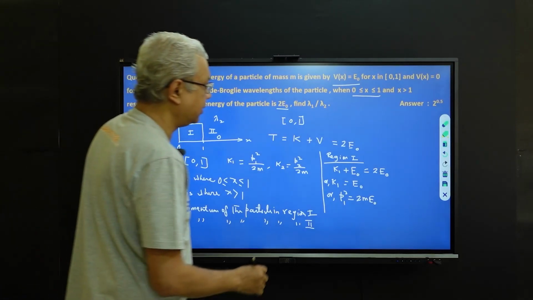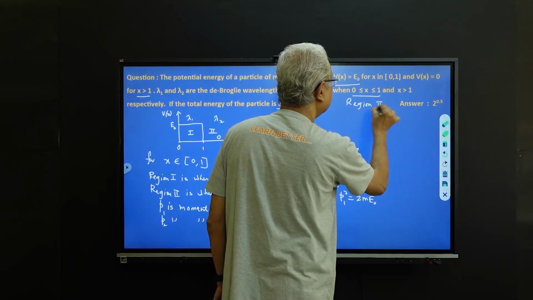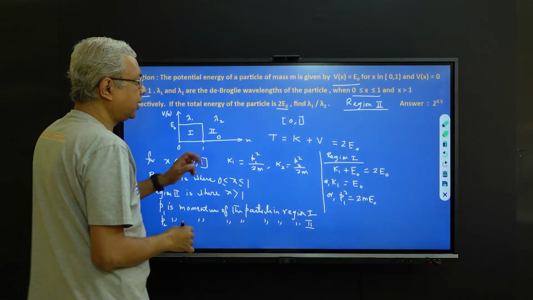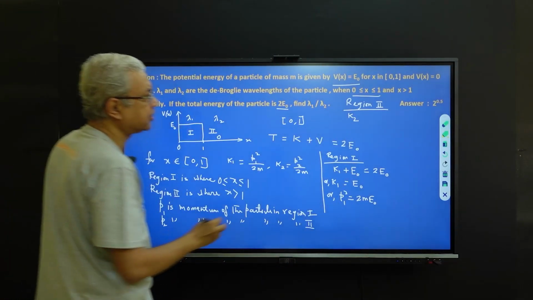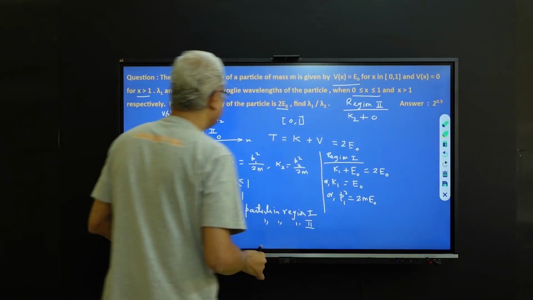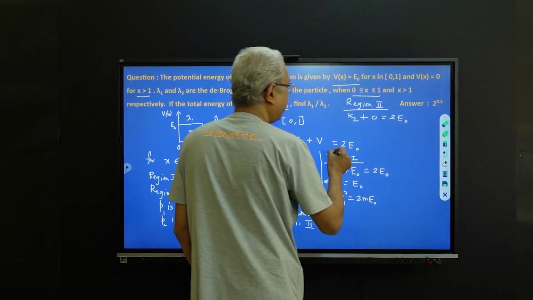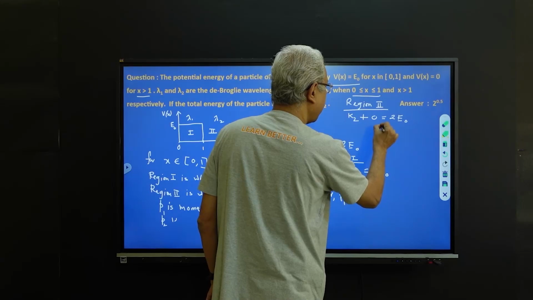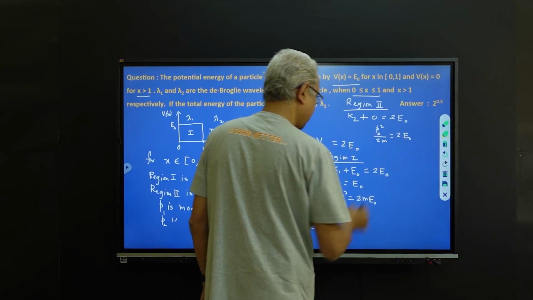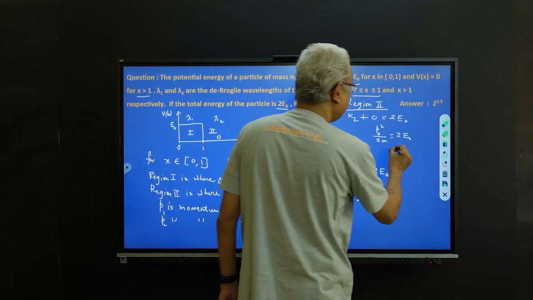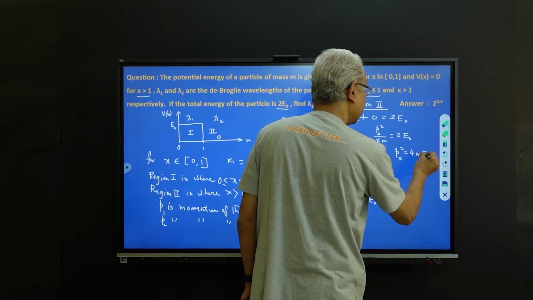Alright. Now region 2, if I consider the total energy. The total energy is K2, the region 2 kinetic energy, but the potential energy is 0 over here. But the total energy is the same, 2 E naught. Therefore, P2 square by 2m is 2 E naught. Therefore, P2 square is 4m E naught.